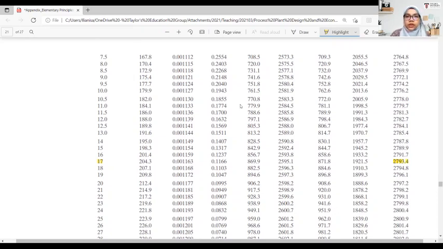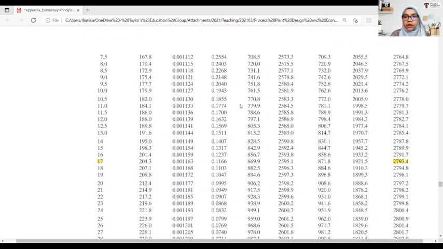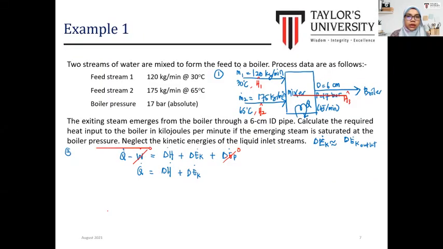Okay, back to the question. So we can have this information about the enthalpy. H1 from the table is 125.7 kilojoule per kg. And then H2 is 271.9 kilojoule per kg, and H3 is 2793 kilojoule per kg.